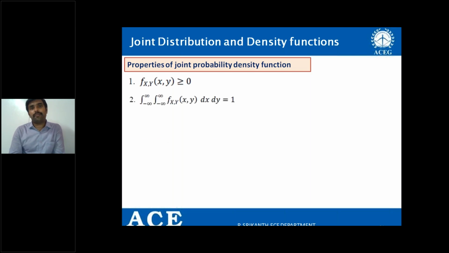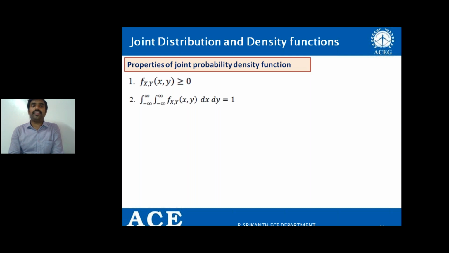Similarly, for the second property, in the density function of a single random variable it is discussed that the total area under the density curve is equal to 1. Here also the total area under the joint density function is always equal to 1.